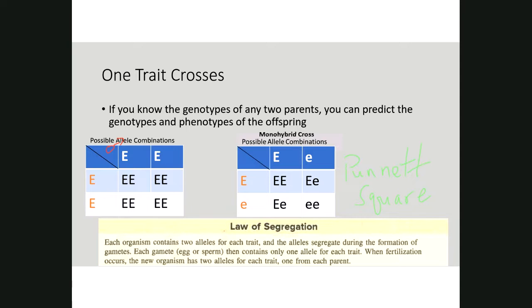That means any sperm that he produces can only carry the dominant allele. And the same thing for the female here: her eggs can only carry the dominant allele. So of course, when you want to figure out what the offspring are, everybody's going to be the same genotype as the parents. So here in this case, we're going to do the same thing.